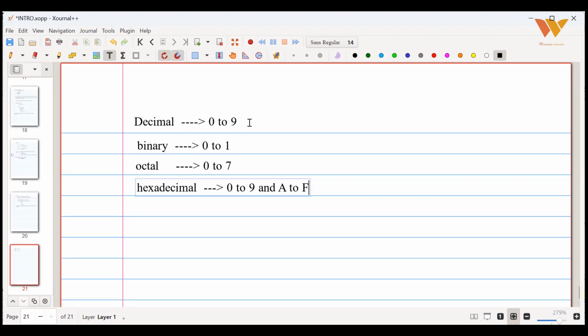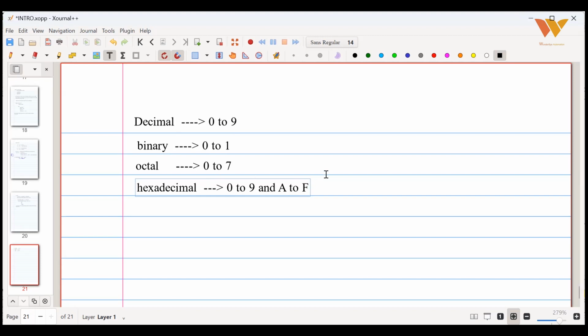Now everyone knows about decimal. Then binary is 0 or 1. Next comes the octal. Then is the hexadecimal, which till decimal will be 0 to 9. After decimal, for 10, 11, 12, 13, 14, 15, it is A to F. Here A represents 10, B represents 11, C represents 12, D represents 13, E represents 14 and F represents 15.